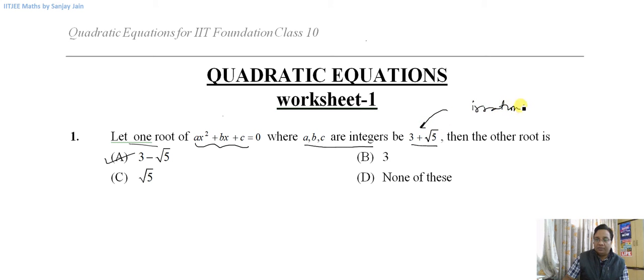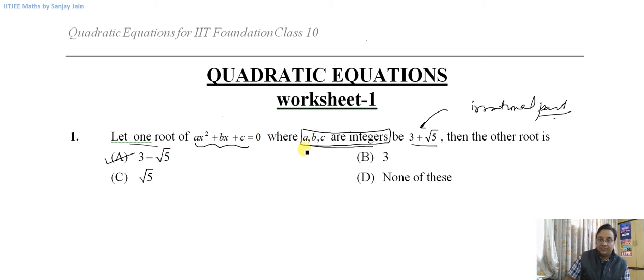Sign of irrational part. Now, this was a very simple question, but I took this question intentionally in this worksheet because I wanted to tell you once again that it is mentioned in this question that a, b, c are integers. Okay, if it is not mentioned that a, b, c are integers or rational numbers, then we cannot say that the other root is 3 minus root 5 simply, right?